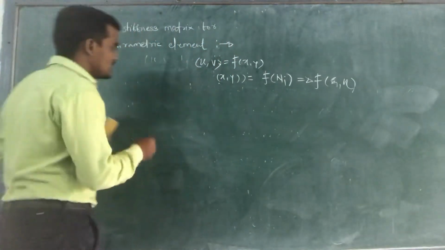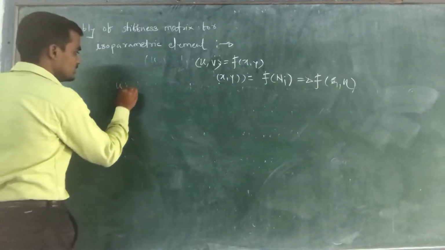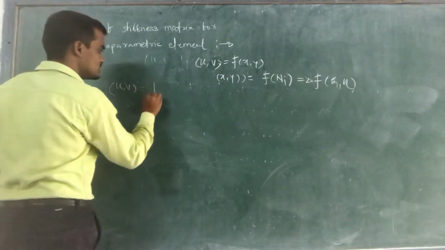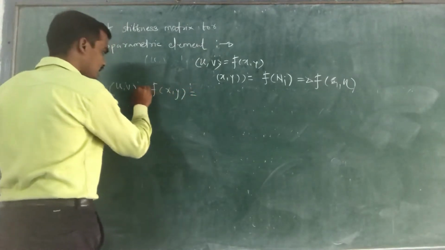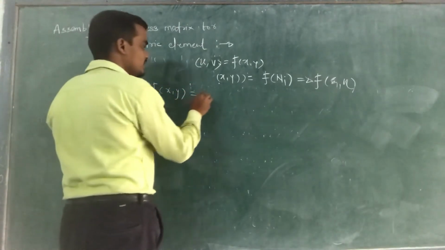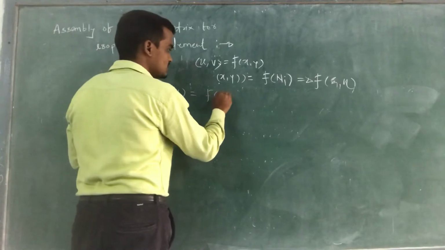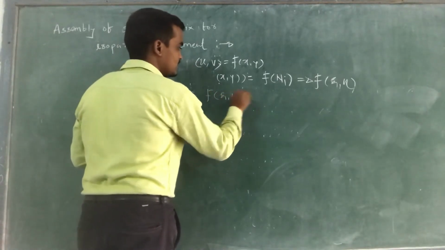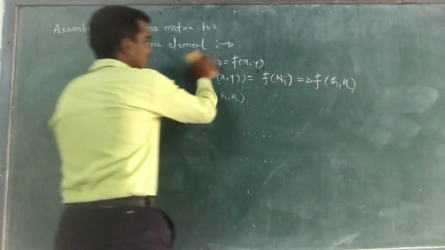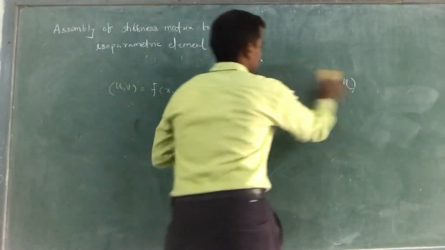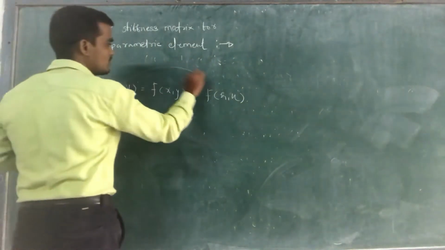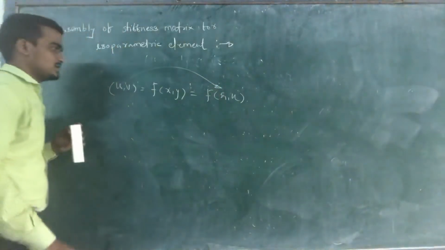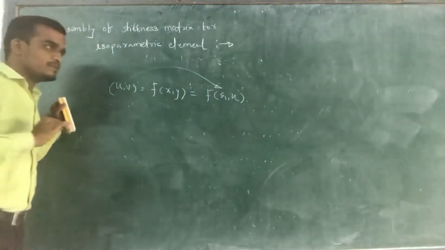It means that u and v are functions of x and y, and x and y are functions of zeta and eta. So ultimately, u and v are functions of zeta and eta.